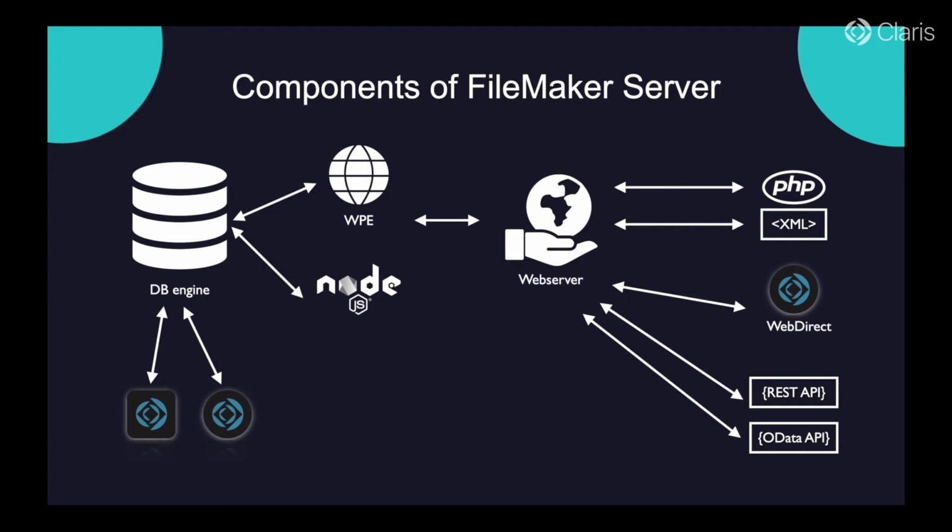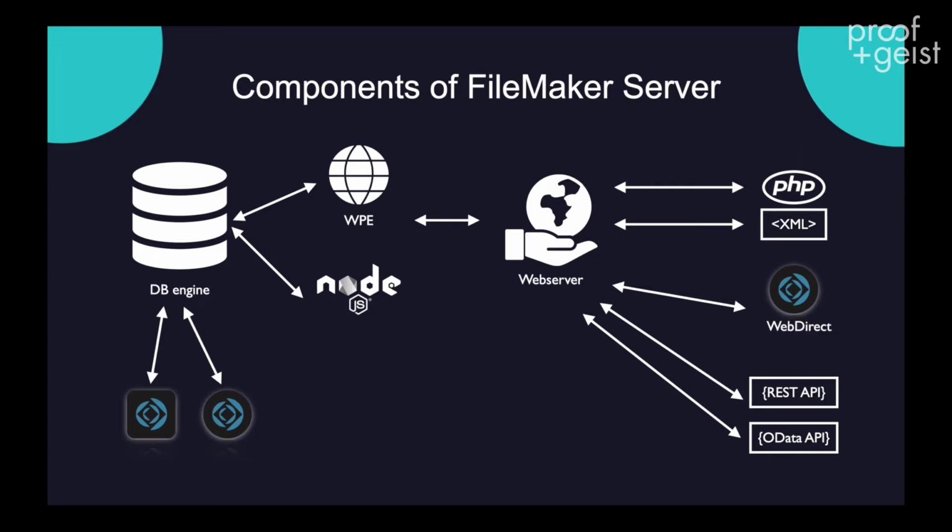On Windows, we are using the IIS web server. On Mac, it is the Apache web server, and on Linux, it has been the Apache web server for Ubuntu 18, but with the newest release for Ubuntu 20, we are using the Nginx web server.